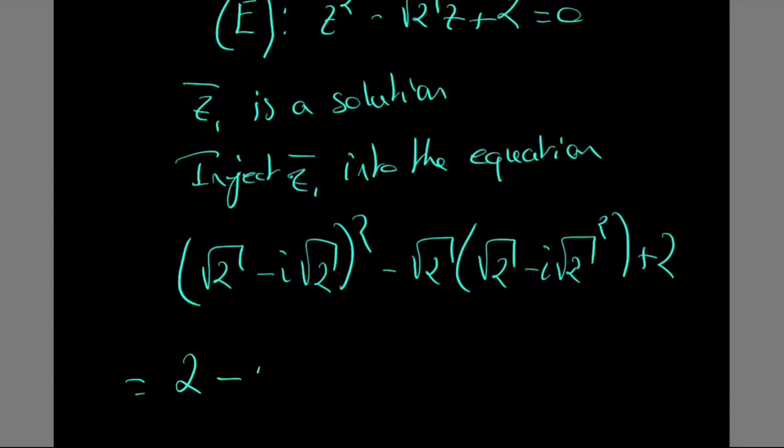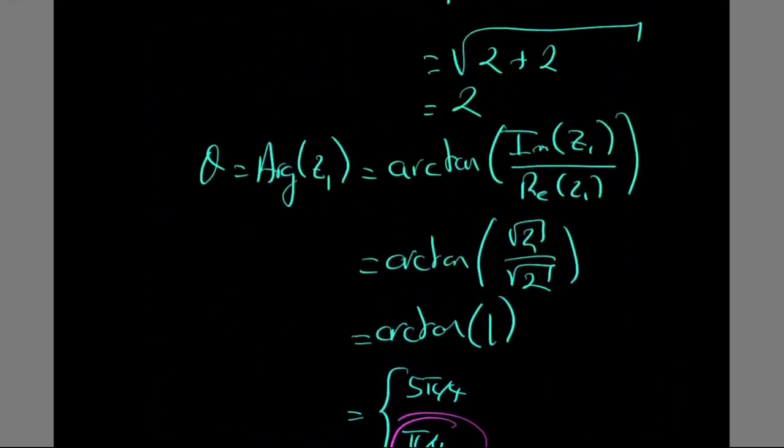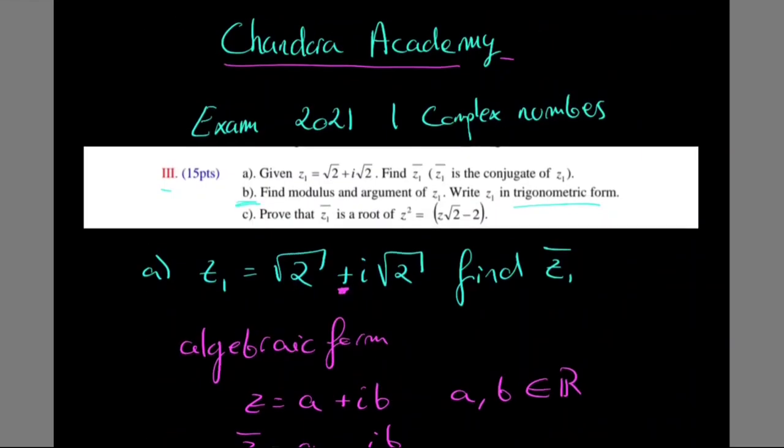This is equal to 2 minus i squared square root of 2 squared, so 2 plus i squared square root of 2 squared, so minus 2, minus 2 plus i. Let's remember the equation.